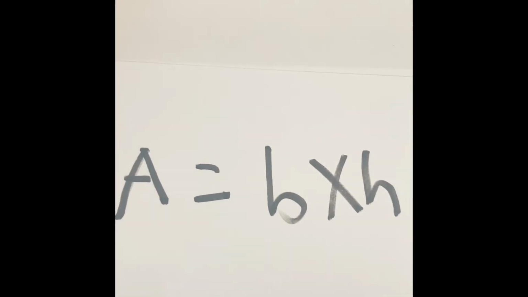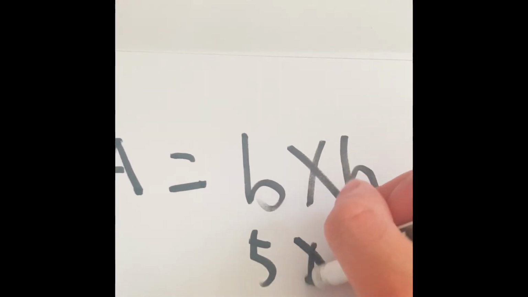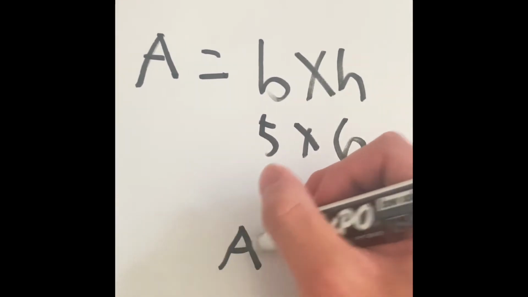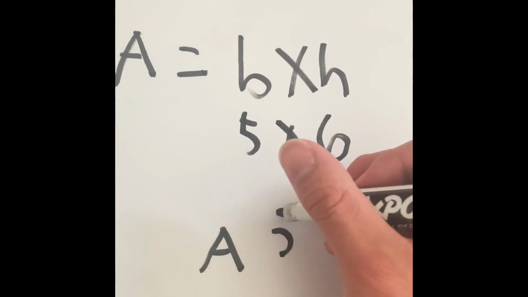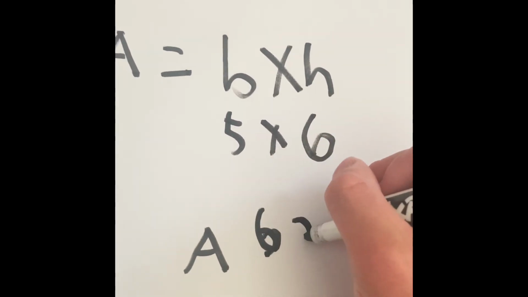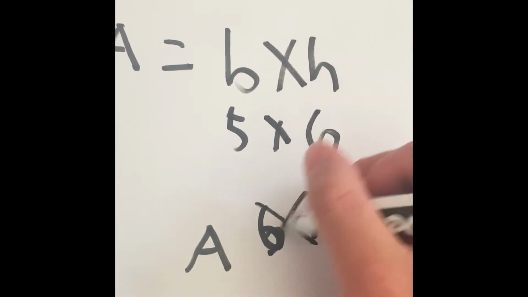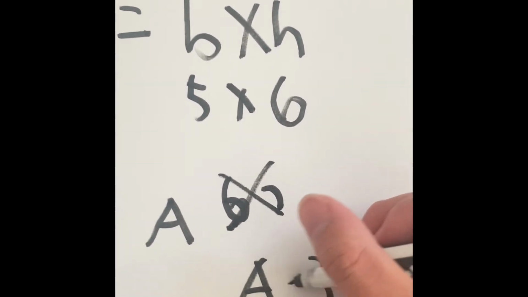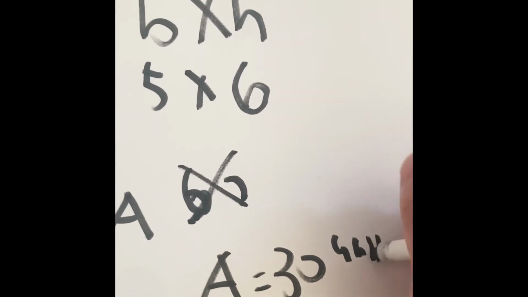So if we do 5 times 6, it's going to bring us an area of 60. No, it's going to bring us an area of not 60. That was a joke. An area of 30 units squared.